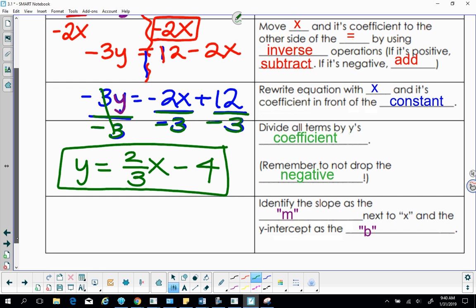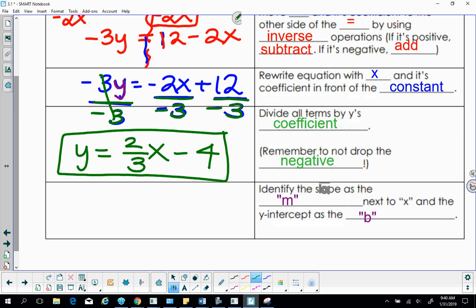And so the last part of what we're going to do for today is identify our m and our b. And so our m is what's attached to the x, the coefficient. So our slope, and we don't include that x when we talk about our slope. We just do the coefficient, the number next door. So the number that's attached to x is 2/3. So I know my m, or my slope, is going to be 2/3.